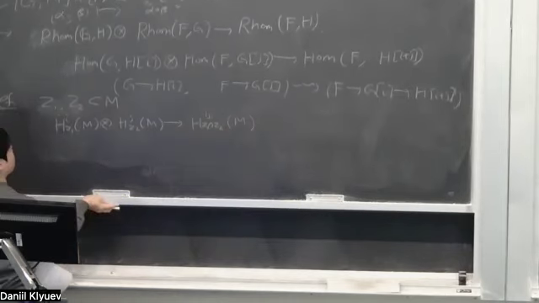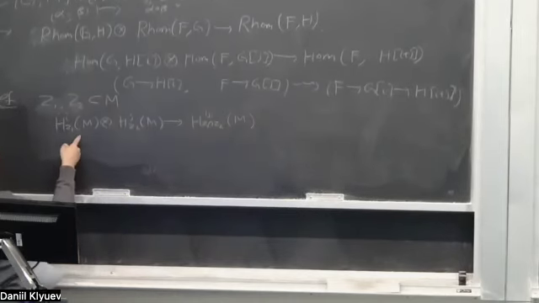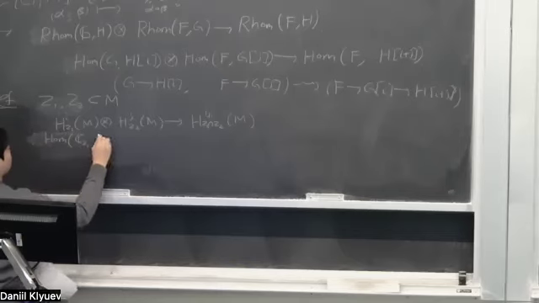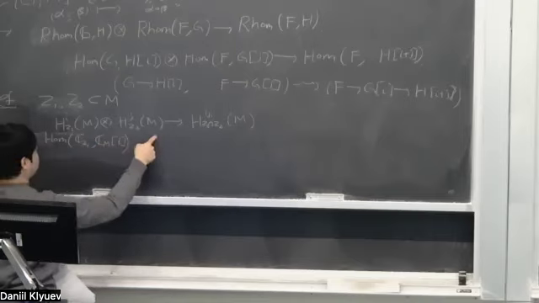This is just given by the following: we have a hom of C_Z1, the constant sheaf supported on Z1, shifted by i, and the same here.